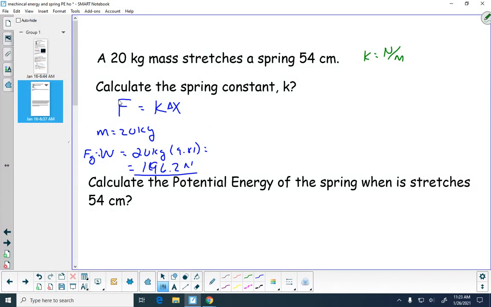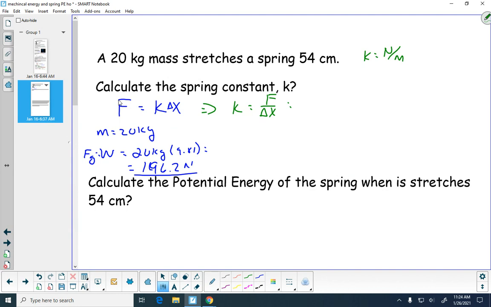Most of the time, they will be given to you in newtons per meter. That will be your spring constant. So if I want to find my constant here, I could take my force and divide it by my delta x.